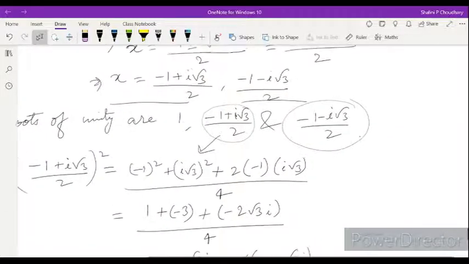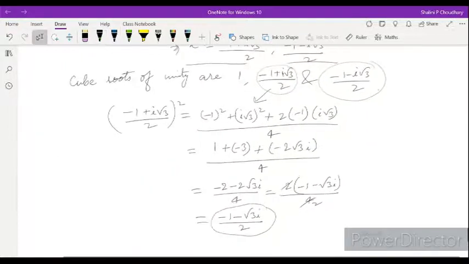Now compare: minus 1 minus i root 3 divided by 2. We can see that when we find the square of one root, we get another root. So these two roots which are conjugate to each other, if we consider this one as omega, then this one will be omega square.